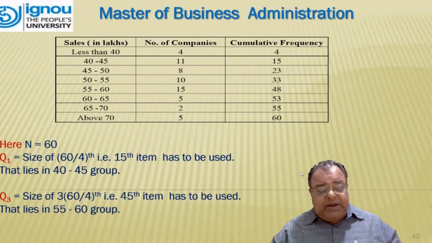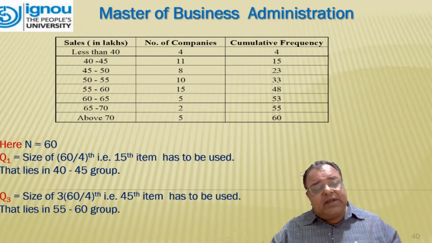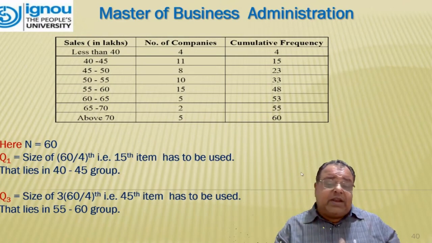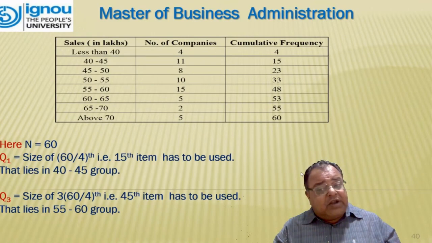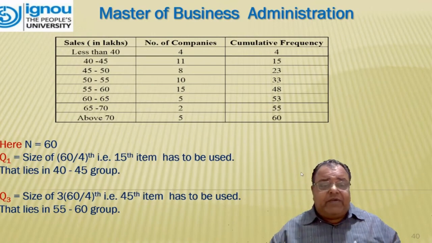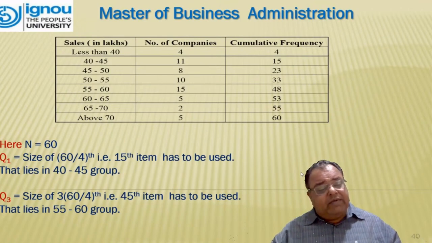Now we move to Q3. That is 3 times 60 by 4, which comes to 45. We go to the table and see where this 45 lies. 45 lies in the value 48, that is the 55 to 60 group. Q1 and Q3 we have calculated.